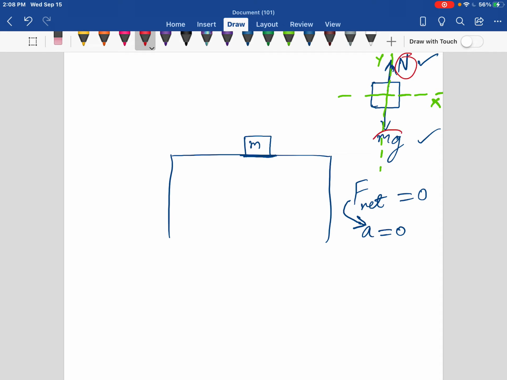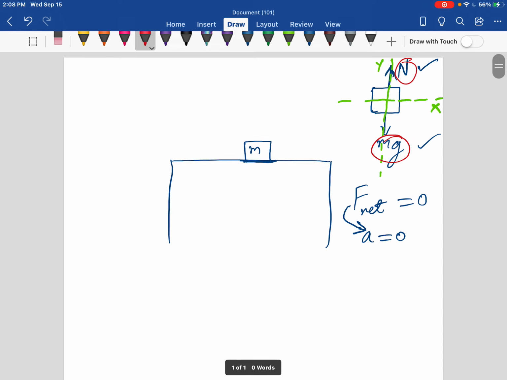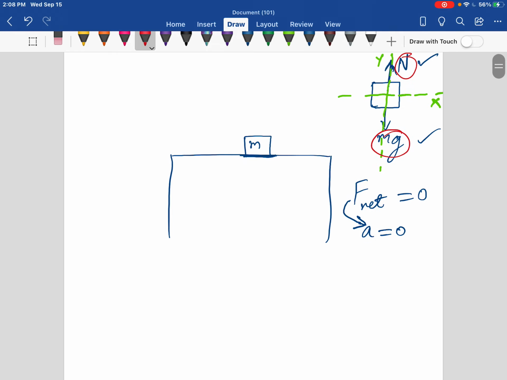So the two forces are this and this. In the x-axis, there are no forces acting, right? So if you have to write Newton's second law for the y-axis, how would that look? You have to sum up all the forces: N minus mg.